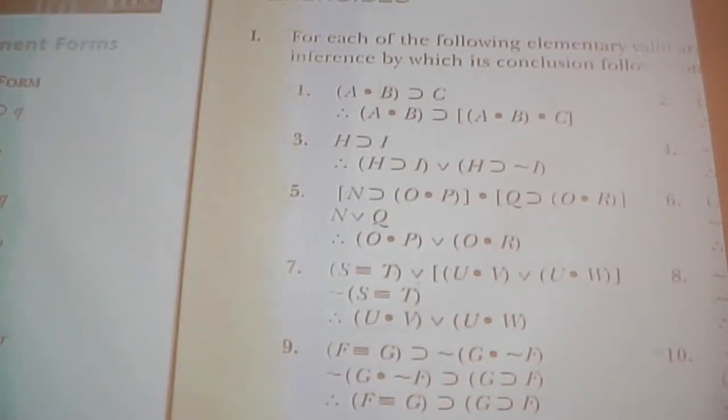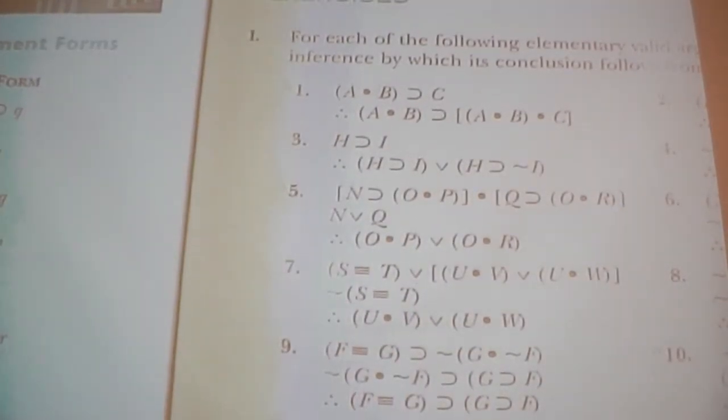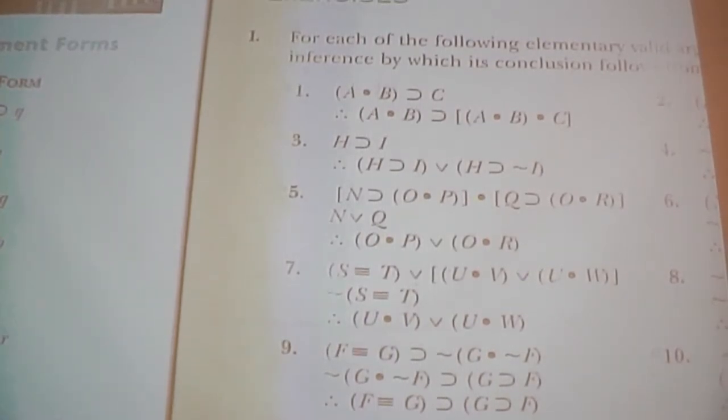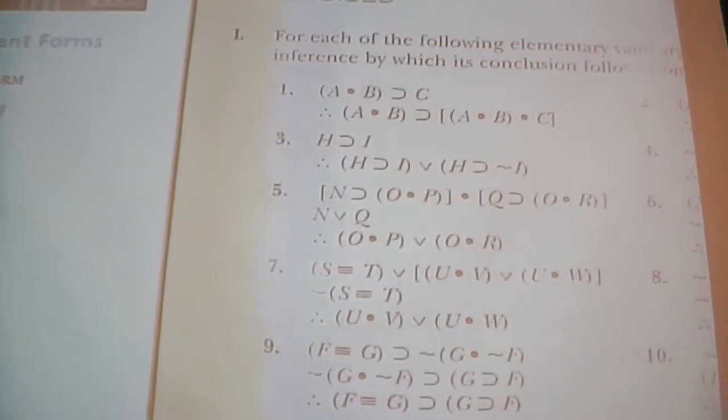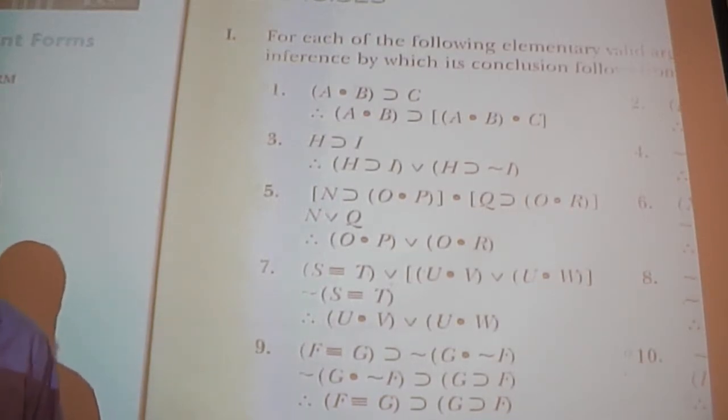So what we want to do with these arguments on the next page is to recognize what argument forms they're substitutions of. Let's see. Argument number 1 has just one premise, so that eliminates most of our 9 rules. How can we describe that?